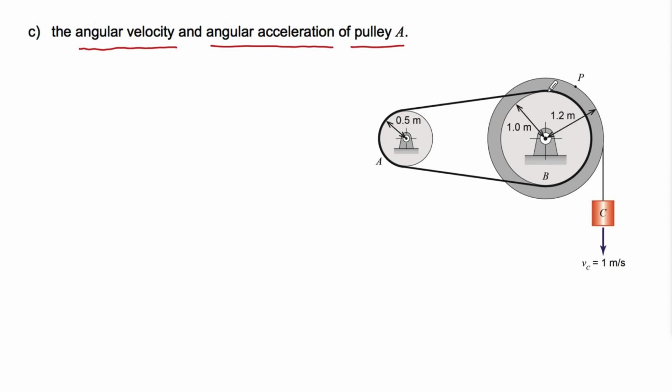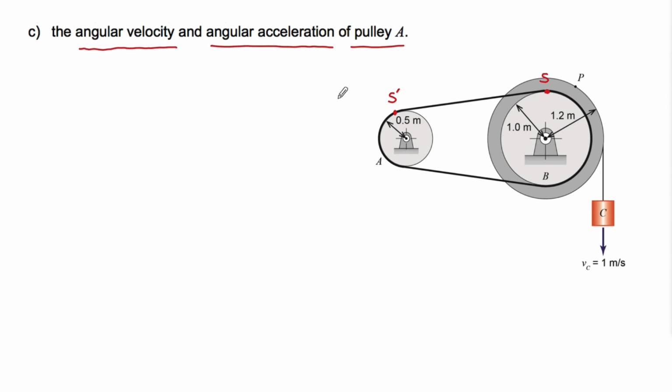For example, consider one point on drum B, on the interior radius in contact with the belt, like point S, and one point on the belt in contact with pulley A, like S prime.